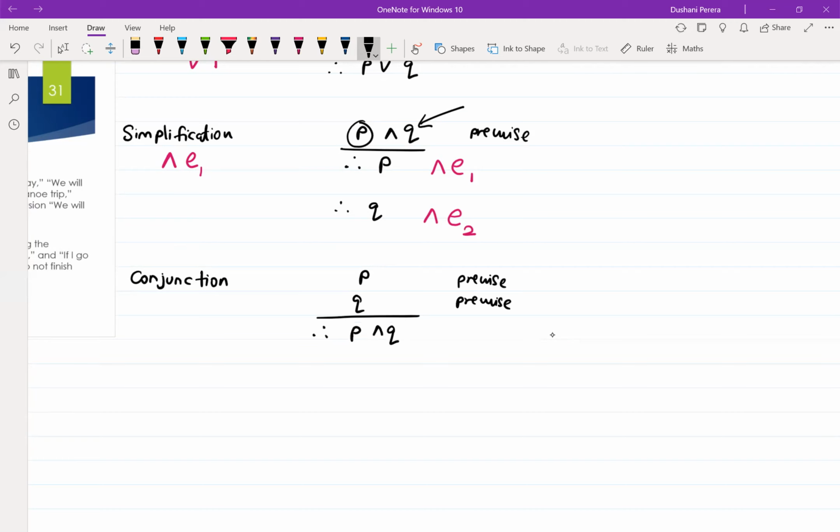Doesn't make a difference. Why? Because they are anyway true. The final propositional formula will also be true. So what is the notation for this? The operation is AND. You introduce something new and you have kept both P and Q. Therefore, you can write 1 and 2. If not, you can just say I and I because you have kept both of them.